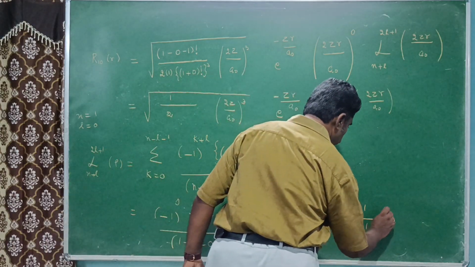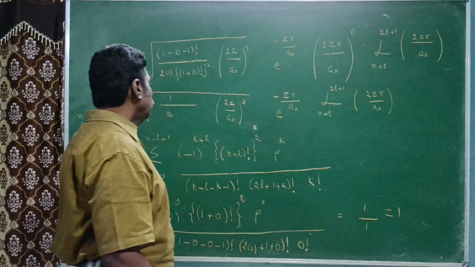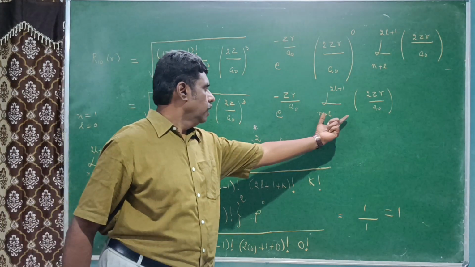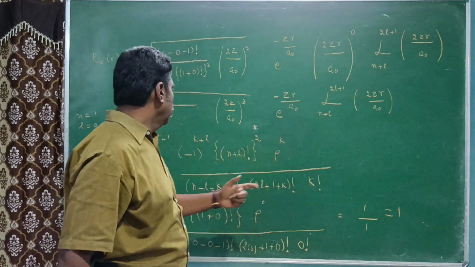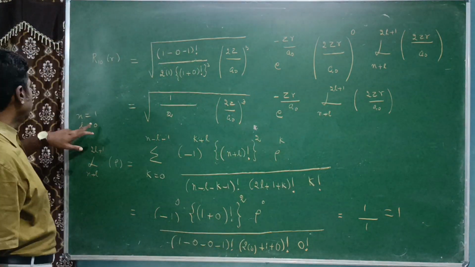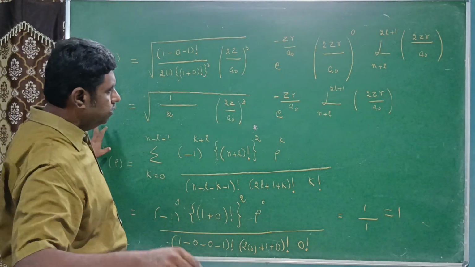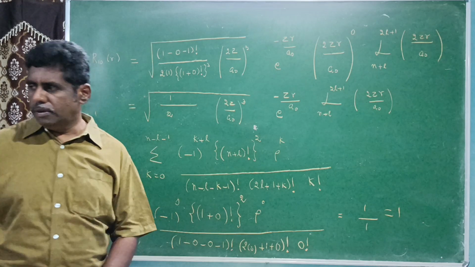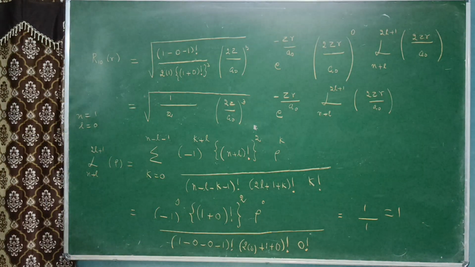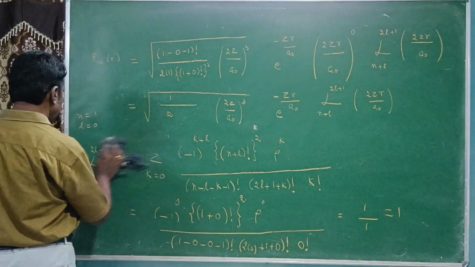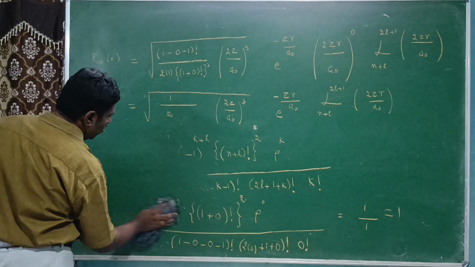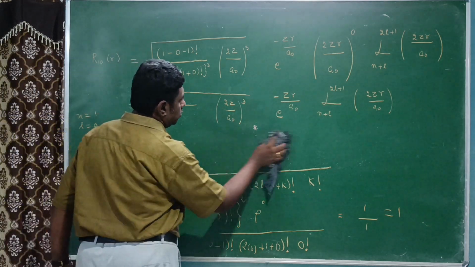So 1 by 1, which is equal to 1. So the value of this Laguerre polynomial for the condition n equal to 1, L equal to 0 is unity. Therefore, we may discard that term. The value of the Laguerre polynomial is 1 for this case.